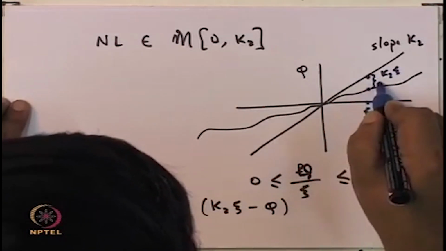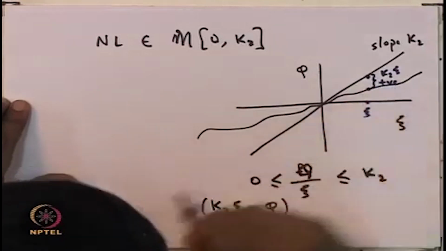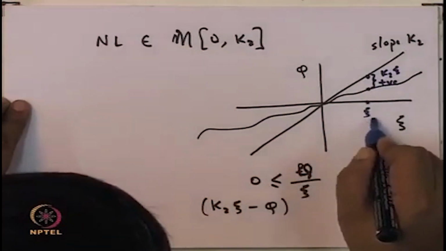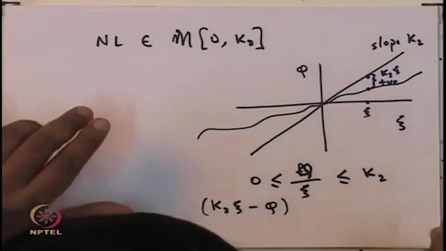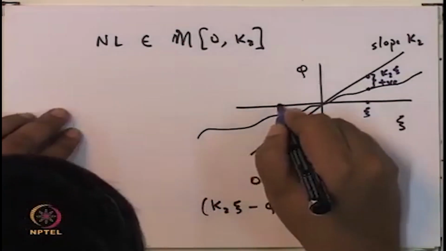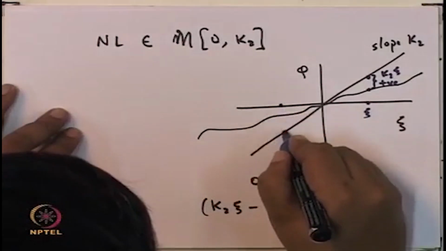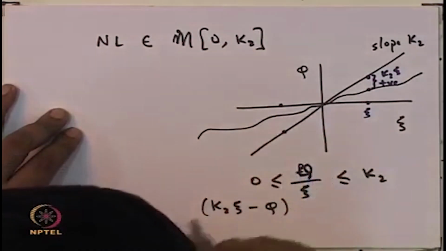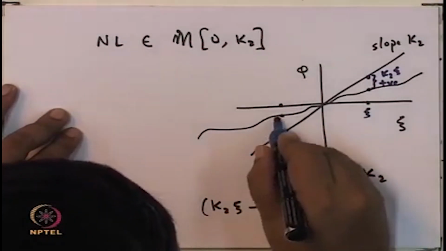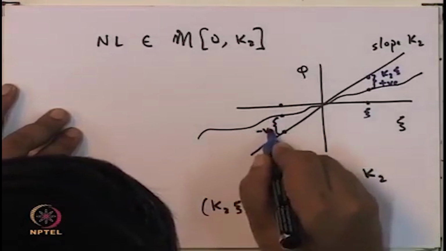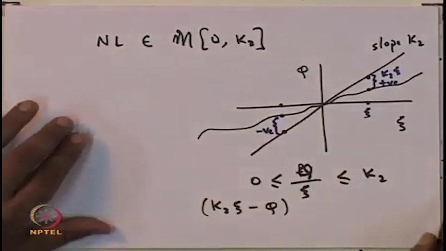So, this quantity here is positive, and for this particular case psi was positive. Now, similarly, if I take psi to be negative, I get K2 psi to be here and I get phi to be here. So, K2 psi minus phi, this is negative when psi is negative.